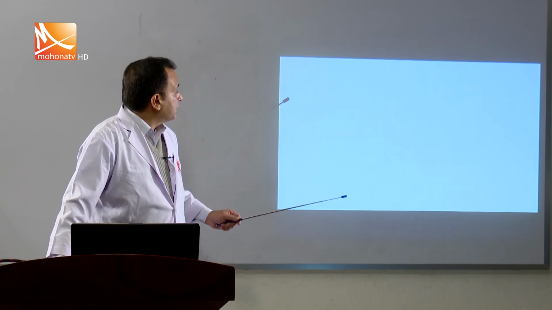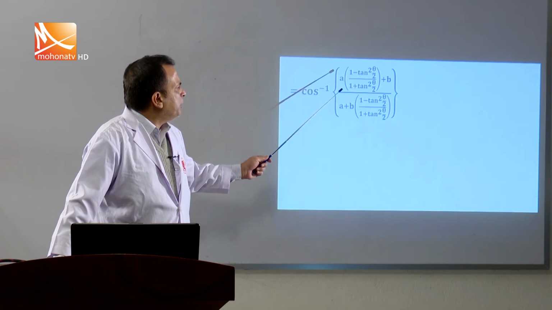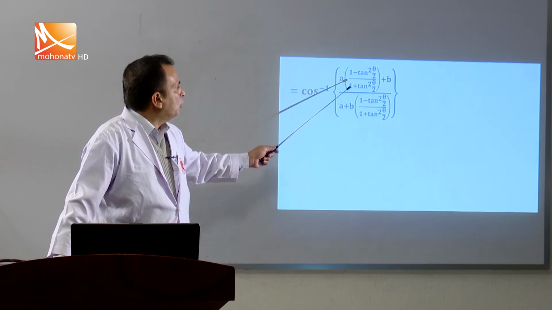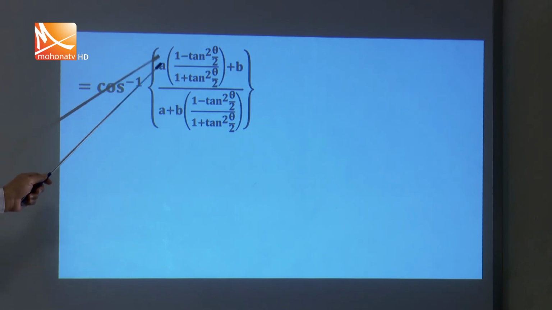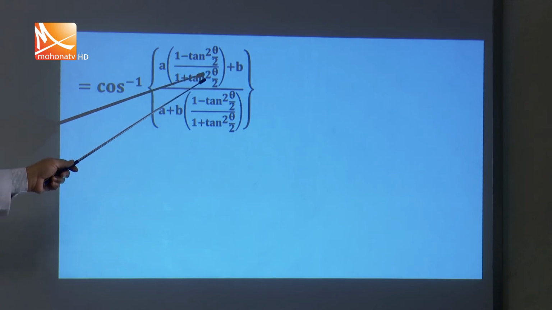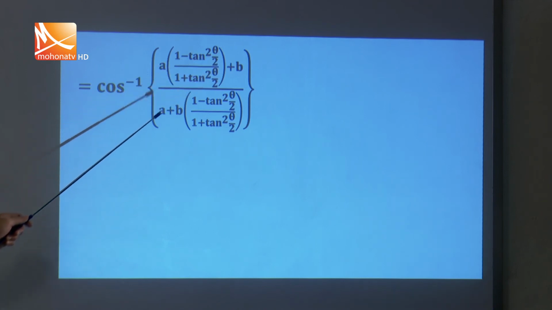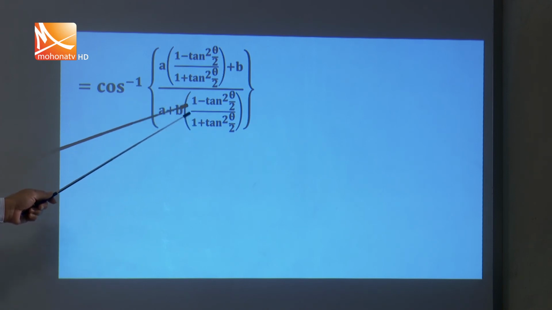Okay. You just see that next line. If we divide the numerator and denominator by 1 plus tan square theta by 2, then it will be cos inverse of a into 1 minus tan square theta by 2 by 1 plus tan square theta by 2 plus b. And in the denominator, it will be a plus b into 1 minus tan square theta by 2 by 1 plus tan square theta by 2.